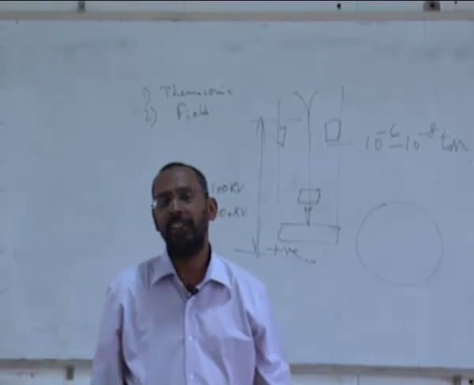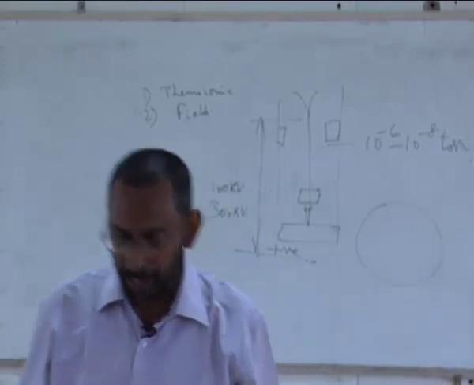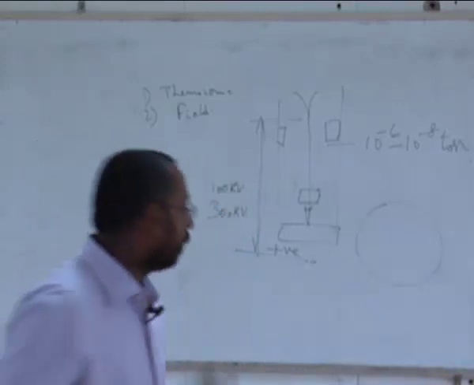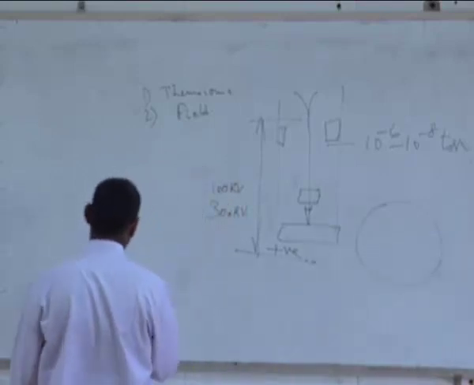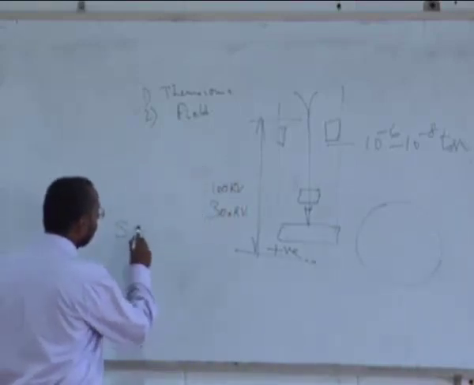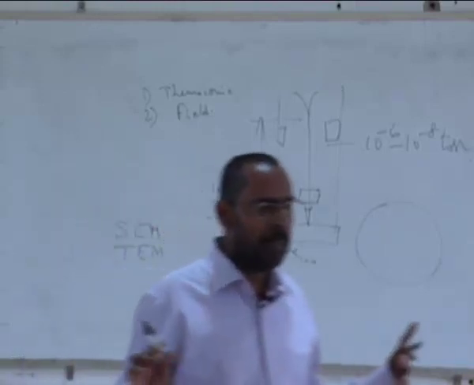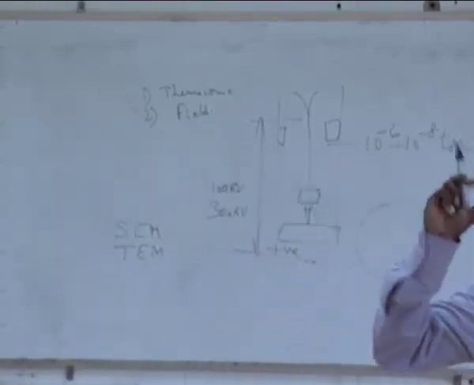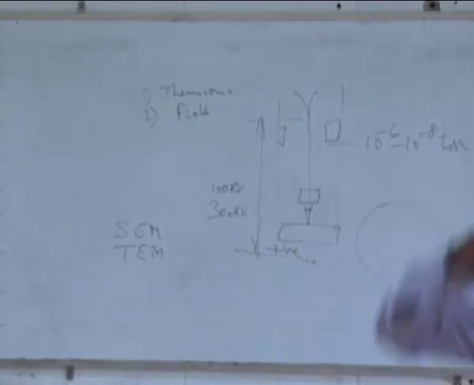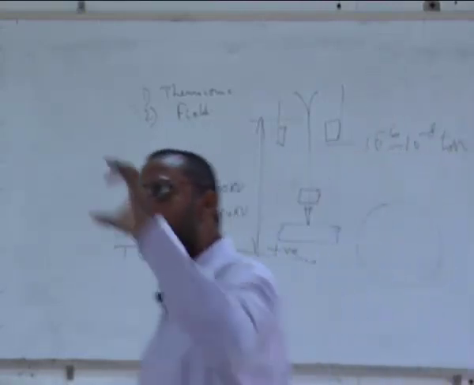And here is where the difference comes in terms of two types of microscopes. One is the scanning electron microscope, another is the transmission electron microscope. Everything else is the same as far as electron generation is concerned. Either you have electrons generated by thermionic emission, by heating a filament, or by applying a potential.